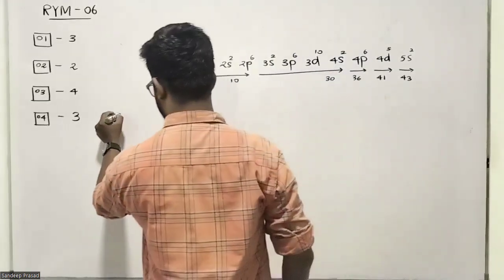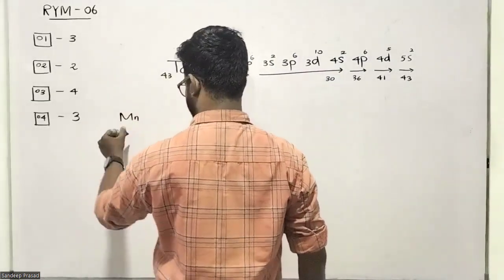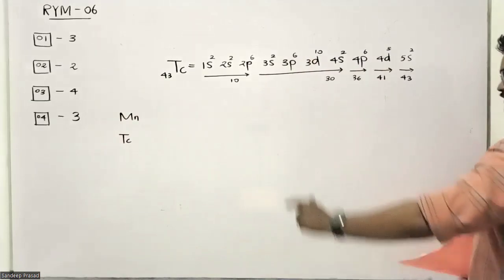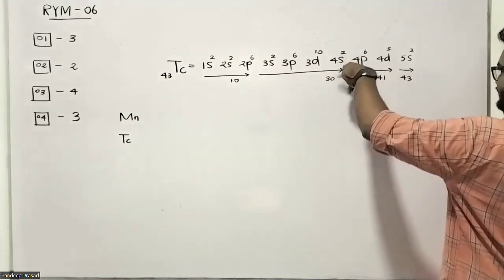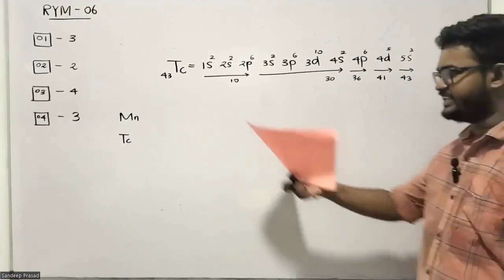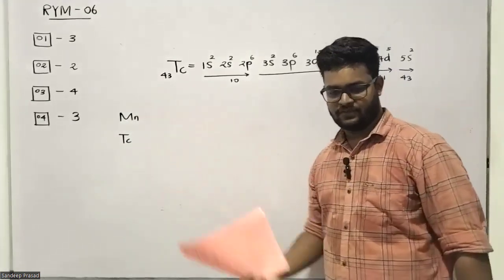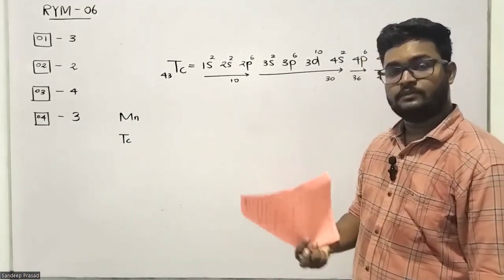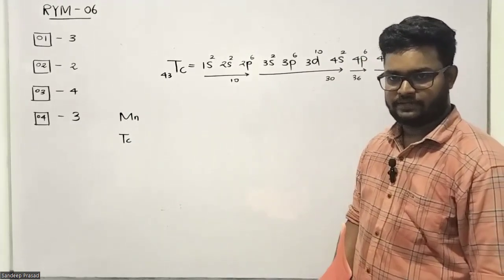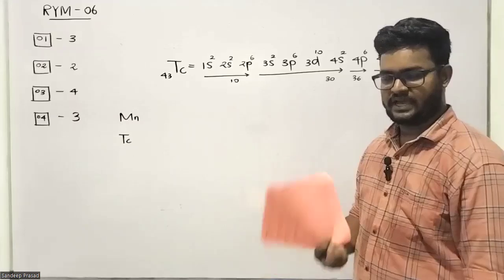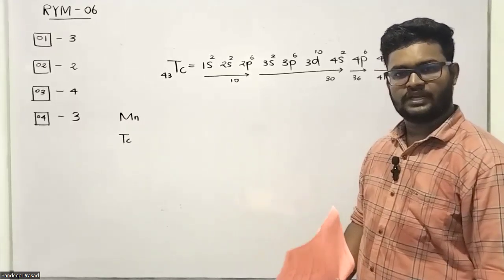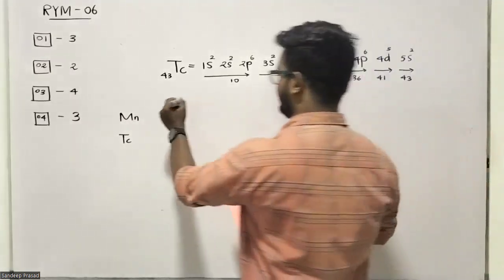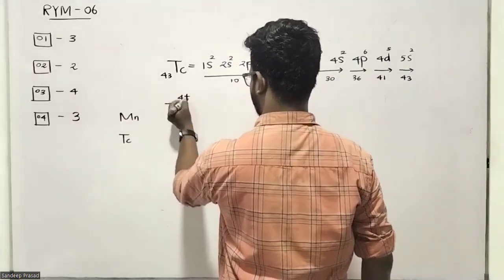If you go group-wise, after manganese, in the same group, the next element is technetium. Manganese also has a similar configuration, 3d5, 4s2. So we can easily remember the technetium configuration if you know the manganese configuration, because same group elements have same chemical properties. Always remember that, because their valence configurations are similar.